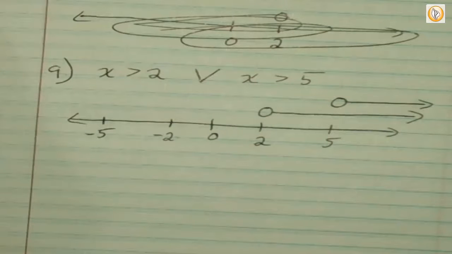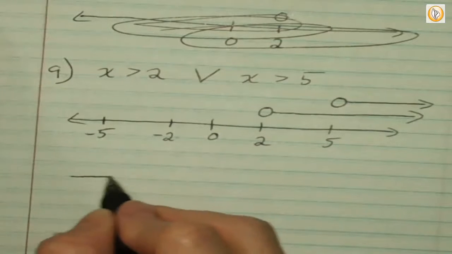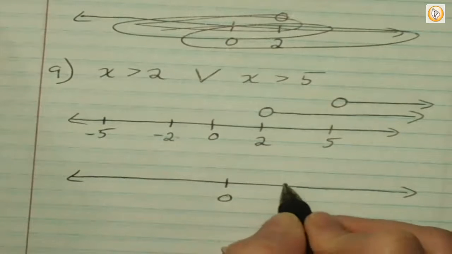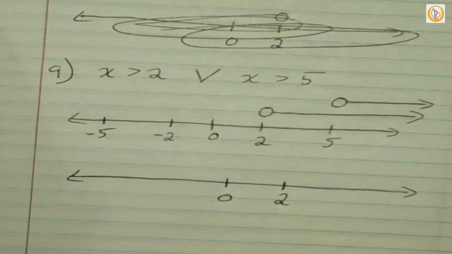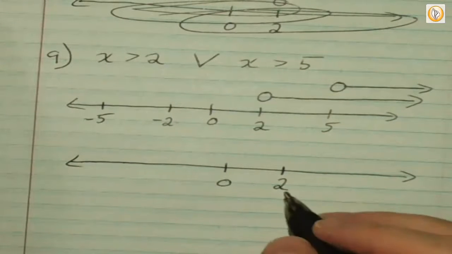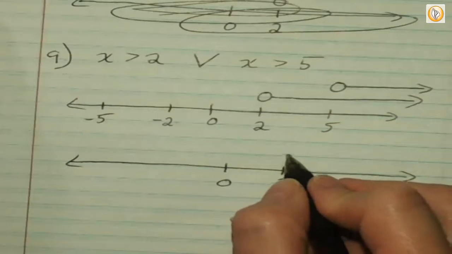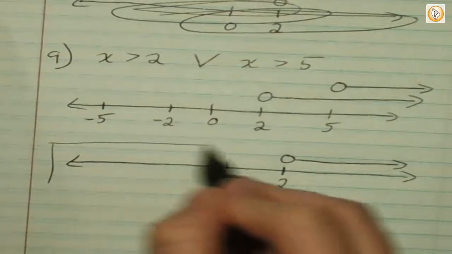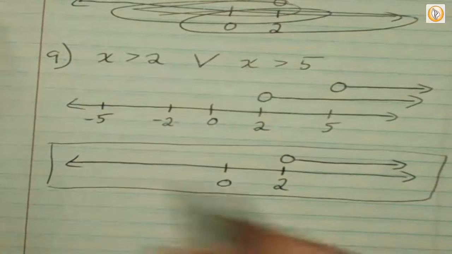Couldn't it also be just 2 and then to the right? Okay, so technically, this one makes more sense as an answer. If you want to do it like your book, and sometimes IXL, this would be the actual answer.